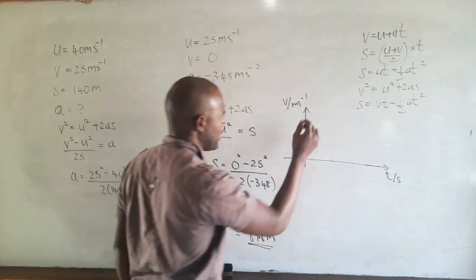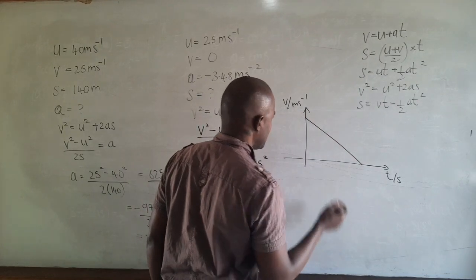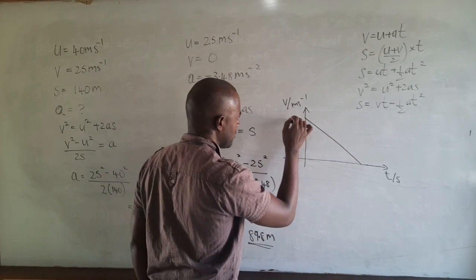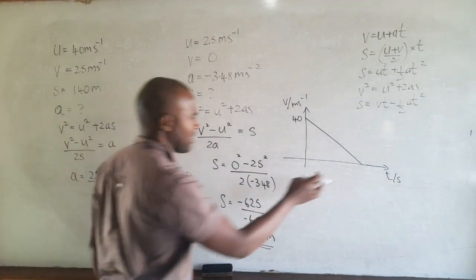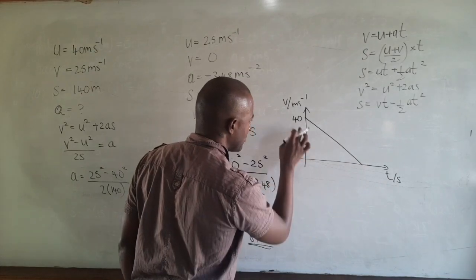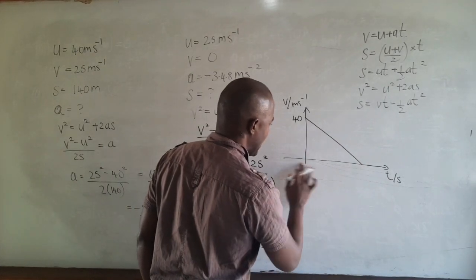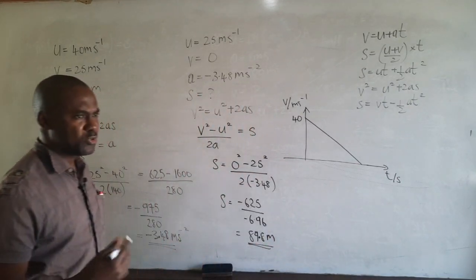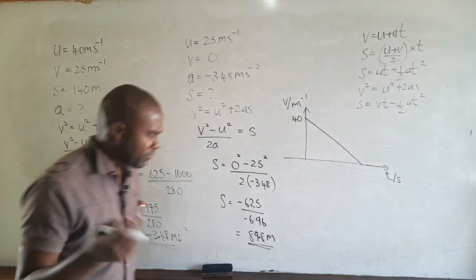So the graph is simply a straight line sloping downwards. Right? And this value right here would be 40. So the only thing that we need to find now is the time that it took for its velocity to decrease from 40 to 0. And because the acceleration is uniform, we could basically treat it as one uniform motion.